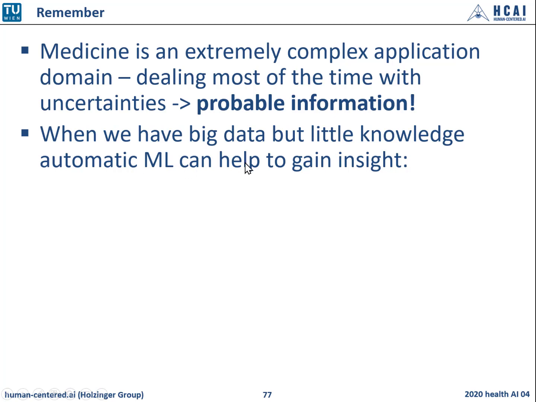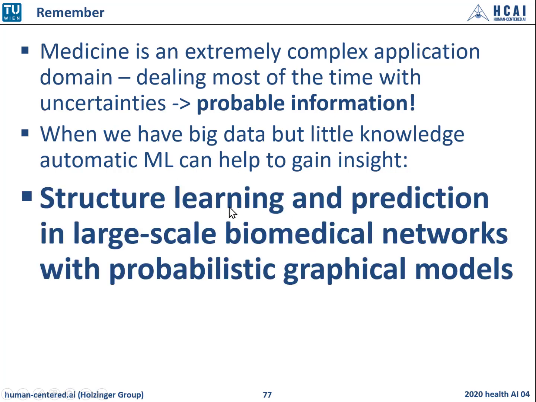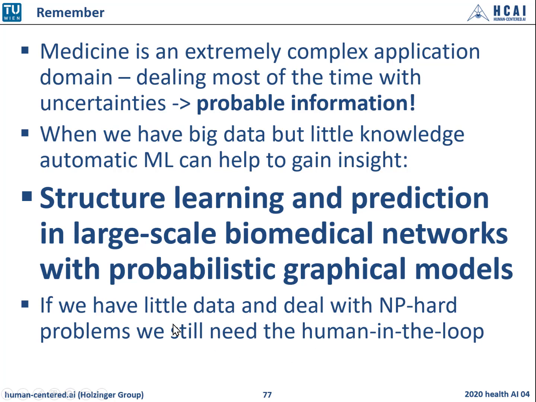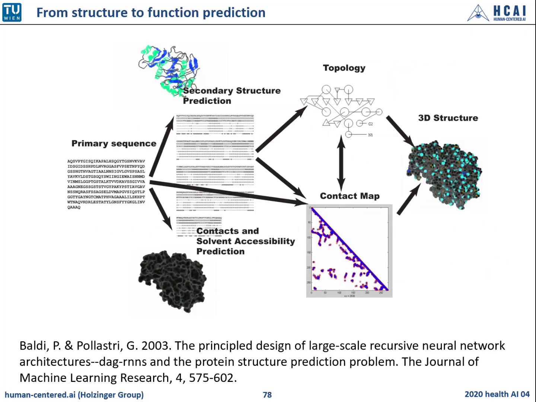Automatic machine learning can help to gain insight, because structural learning and prediction in large-scale biomedical networks with probabilistic graphical models is really a hot topic at the moment. And if you have really little data and deal with NP-hard problems, we still need the human in the loop, the expert knowledge. So there's no way out. When dealing with NP-hard problems, we need the human in the loop.